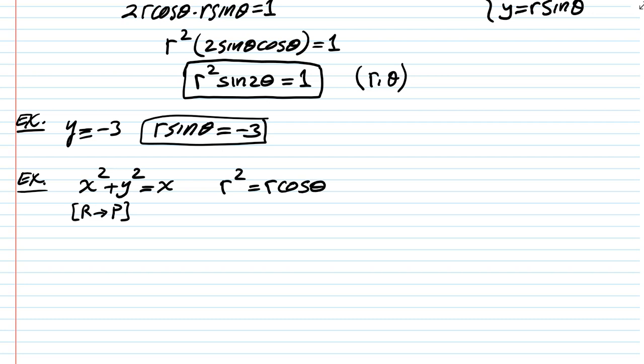Now, x squared plus y squared, remember, that's the equation of a circle centered at 0, 0 with some radius. This cannot be 0, because if it's 0, you get 0 equals 0, the trivial case. So since r is not 0, I'm okay to divide by r, because I know I'm not dividing by 0. That makes it r is equal to cosine theta.